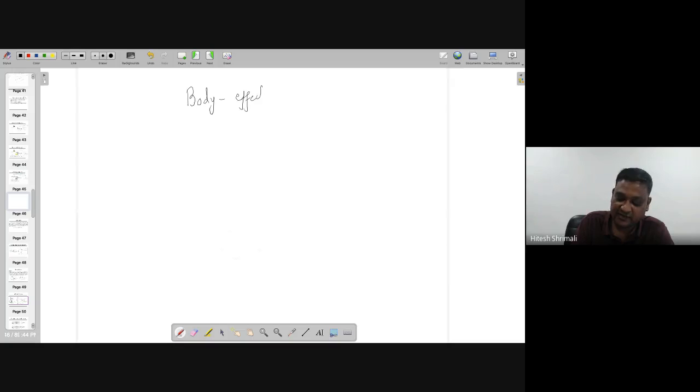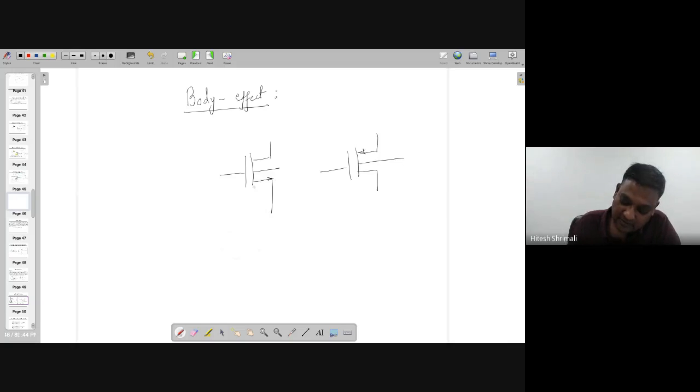Body effect states that, if you remember the analog circuit design or the device physics course, it is told that the body of NMOS and body of PMOS has to be connected to GND and VDD respectively.